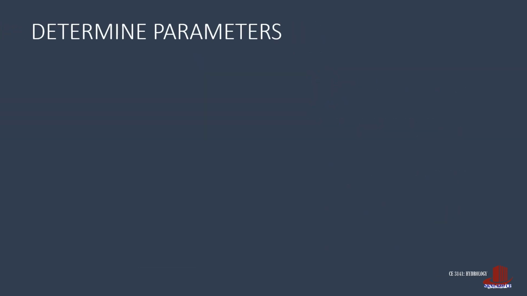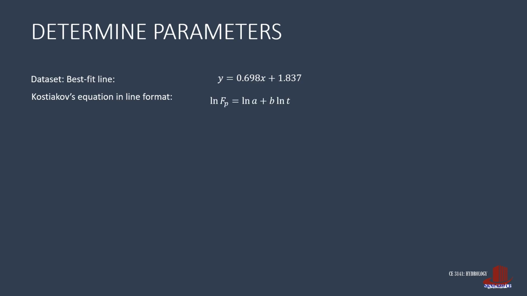The final step is to work on the analogy from the best fit line of y equals 0.698x plus 1.837 and Kostiakov's equation of ln of Fp equals ln of a plus b times ln of t. Ln of a is then 1.837, and to have a, we incorporate Euler's number, e, making a equal to e raised to 1.837, which is 6.263.